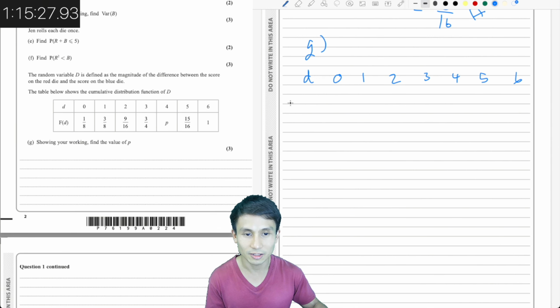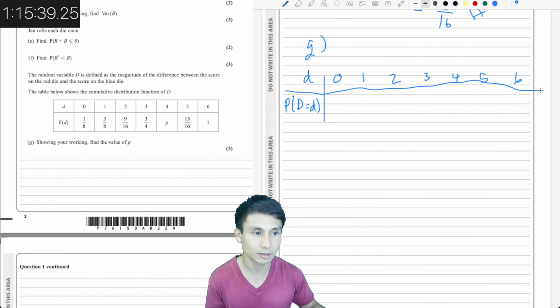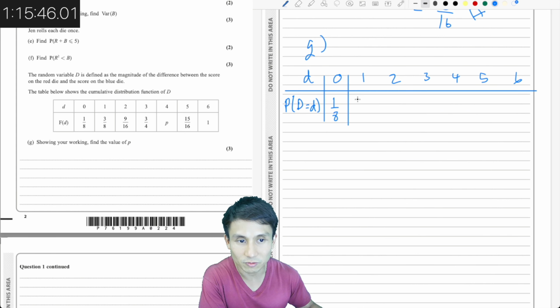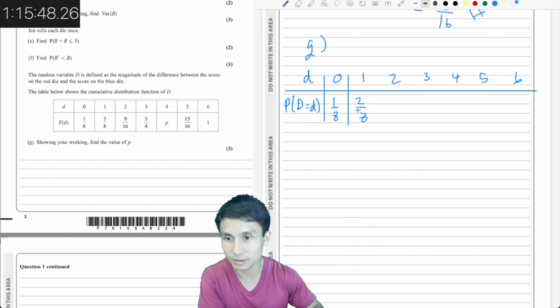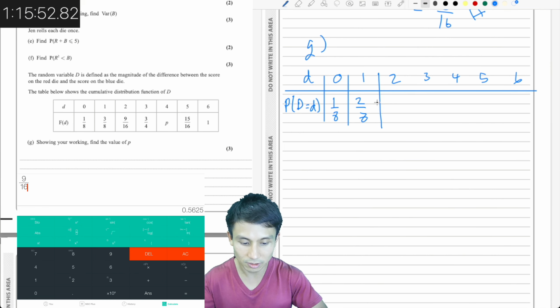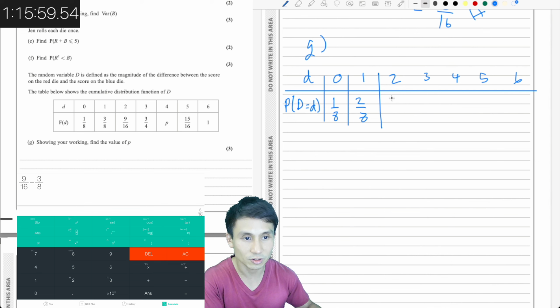And I'm going to do P(D = d). So this must be 1 over 8. 3 over 8 minus 1 over 8, we get 2 over 8. And then 9 over 16 minus 3 over 8, as a fraction, 3 over 16.